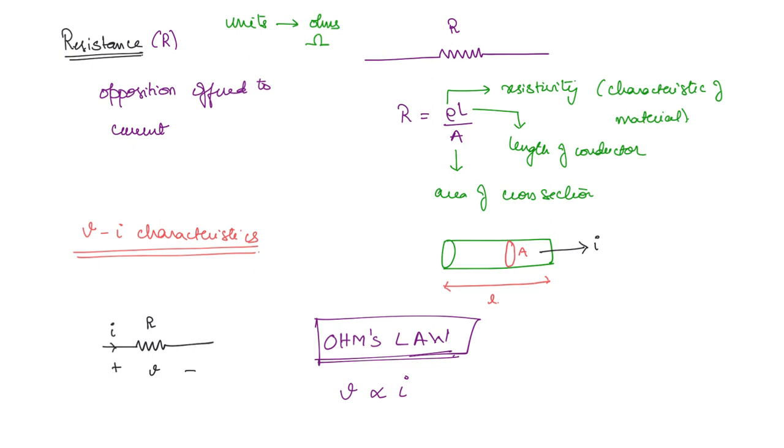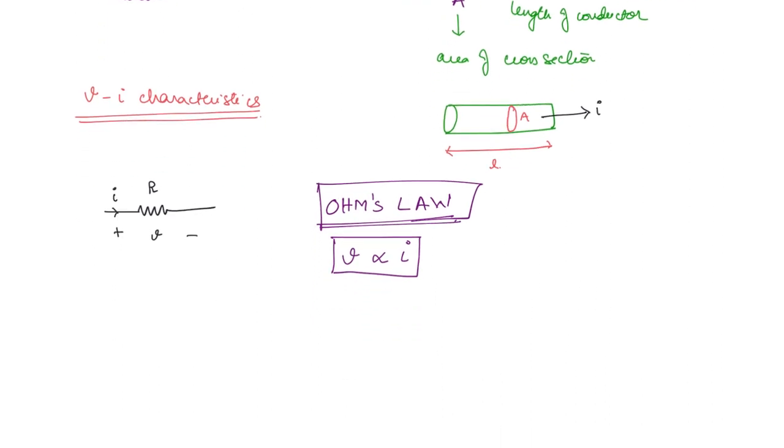Conductors satisfy Ohm's law. That means for a conductor, the voltage across it will be proportional to the current that is passing through it. This is the actual form of Ohm's law. Now if you want to write the equality sign, then you will need a constant of proportionality. That constant of proportionality is nothing but the resistance.